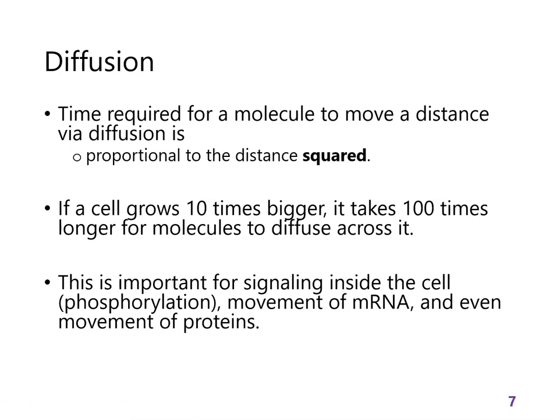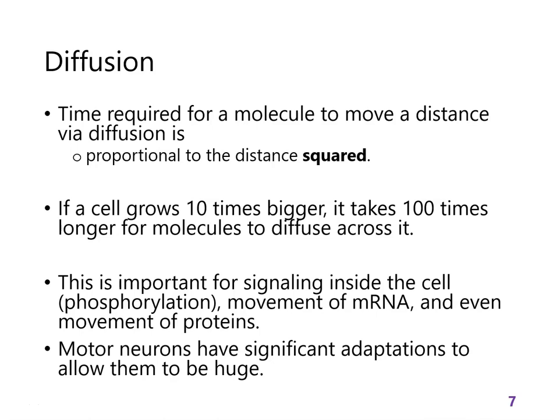And this is why biologists are kind of amazed at things like motor neurons, which are enormous. And when I learned about motor neurons, my first question was, how do they get messenger RNA all the way to ribosomes at the distal end? How would proteins get to the distal end?